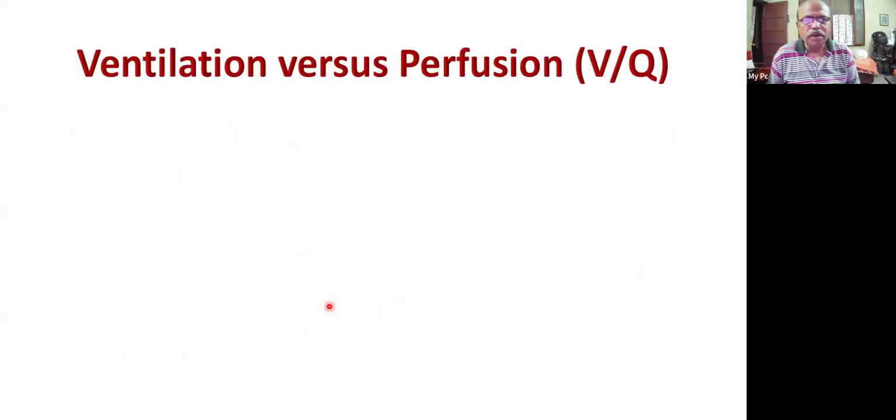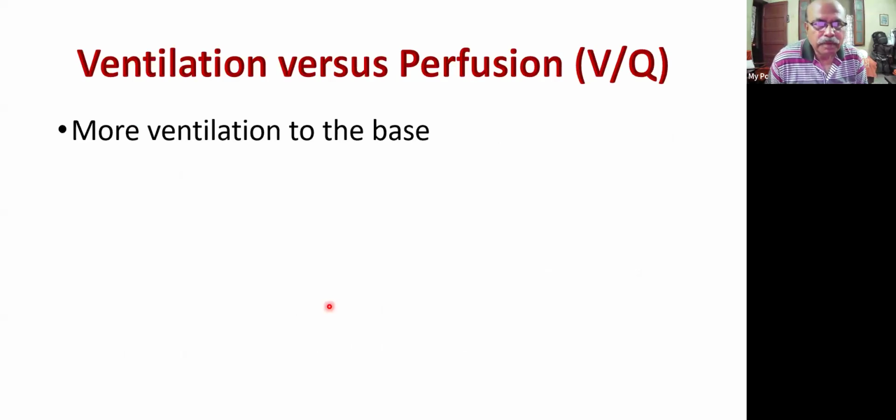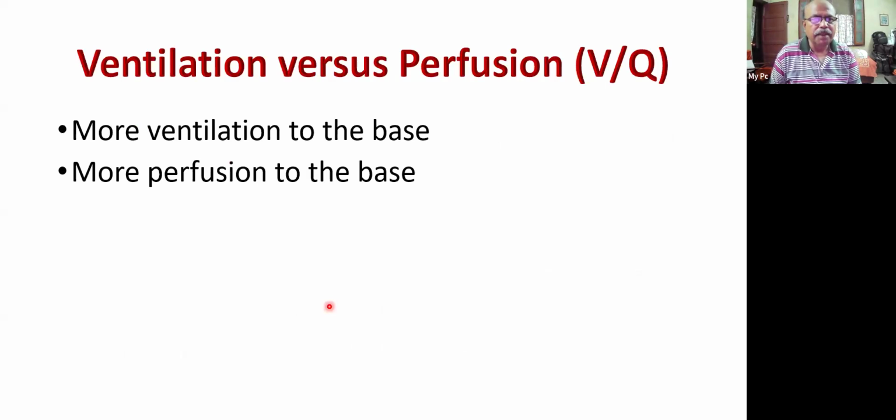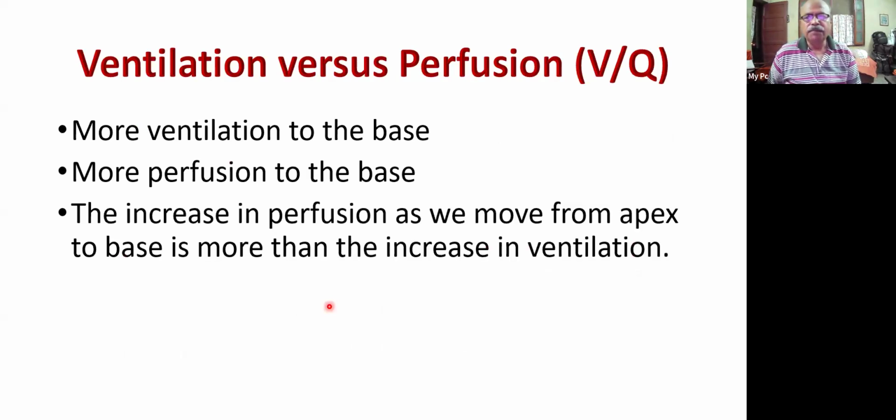So we have talked about the ventilation and we have talked about the perfusion separately. What about when we put ventilation versus the perfusion? So more ventilation at the base, more perfusion at the base. The increase in perfusion as we move from the apex towards the base is much more than the increase in ventilation.